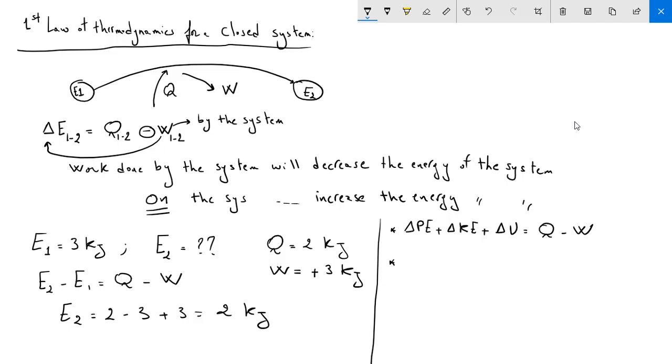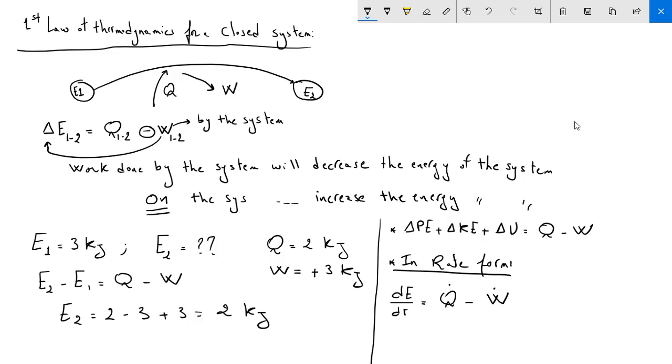Also, we can write the first law of thermodynamics in rate form. So per unit time, you can say that dE over dt, the change of energy of the system, is Q dot, the heat rate, minus W dot, the power, the work rate.